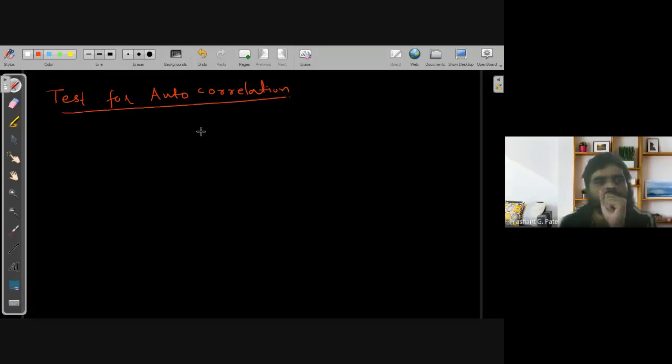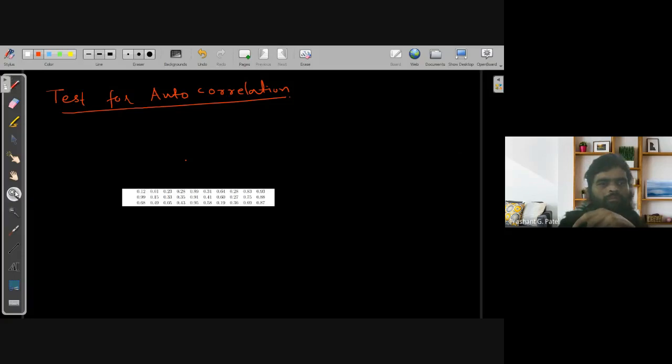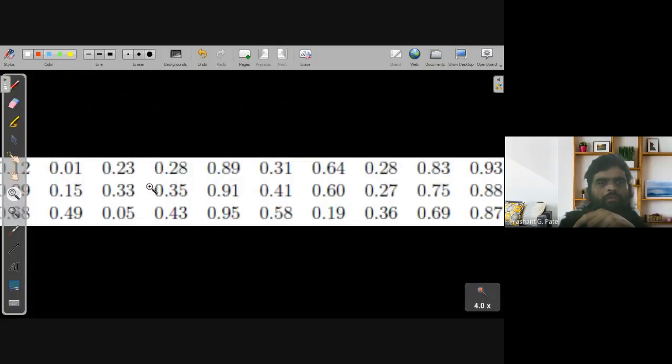So we'll discuss the test for autocorrelation. The test for autocorrelation is concerned with the dependency between the numbers in a sequence. For example, suppose this sequence of numbers is given to you.